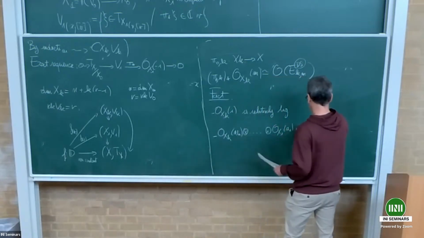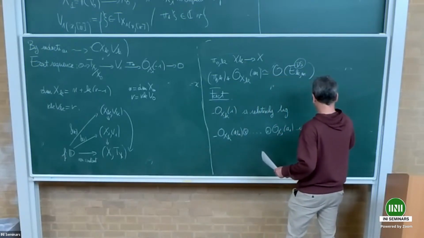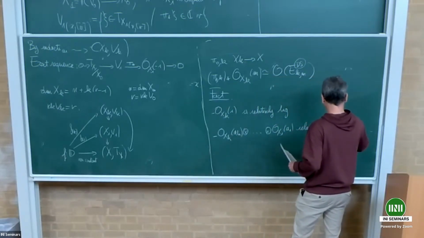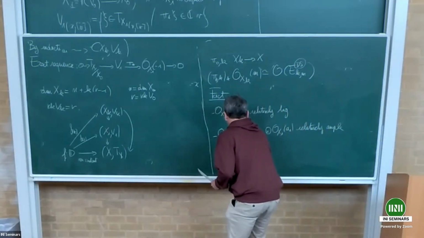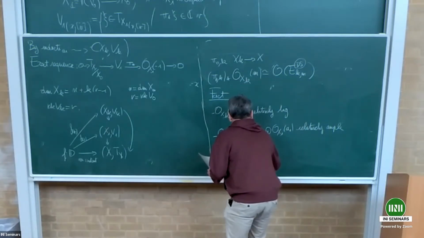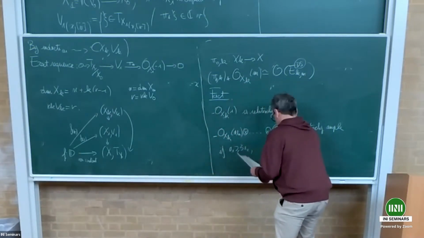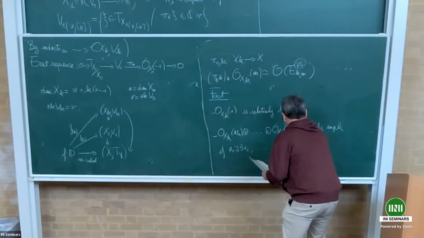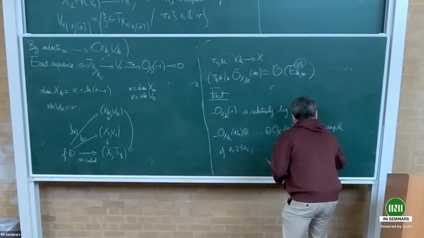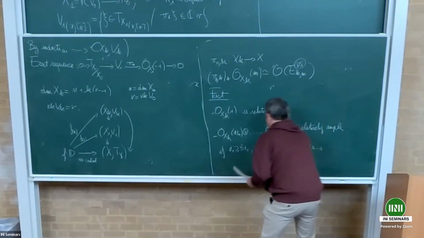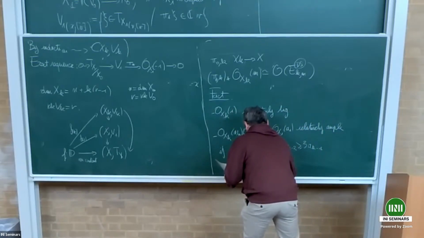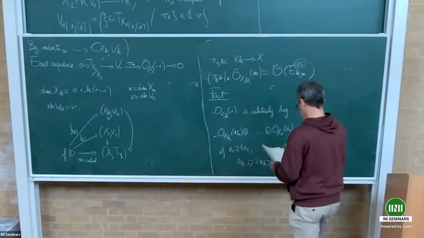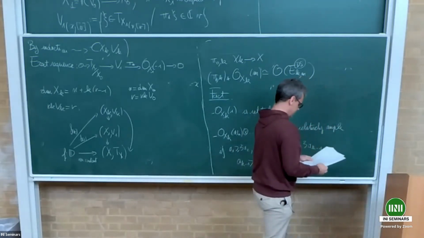And this is relatively ample if A1, so if you have this relation with these integers, and A_{k-1}. Okay, so this is a fact that will be used.